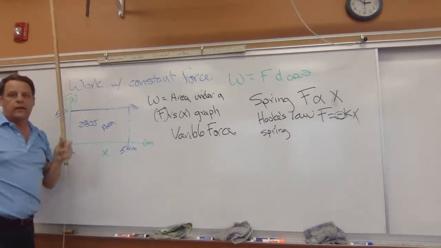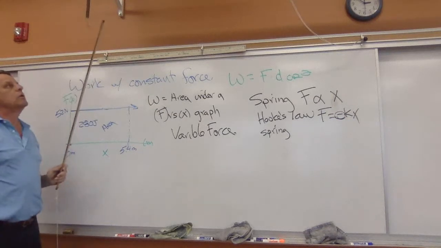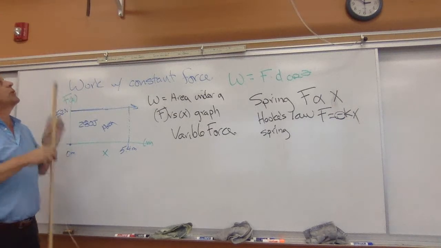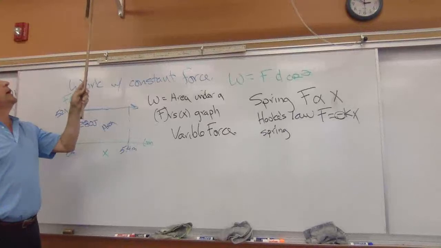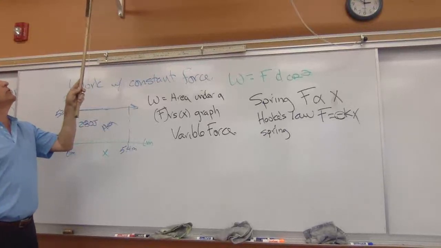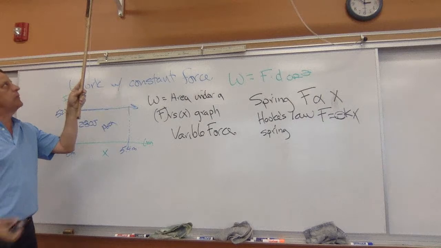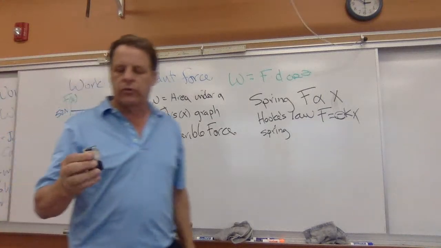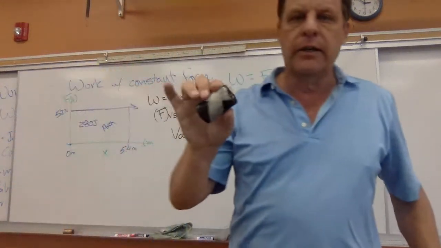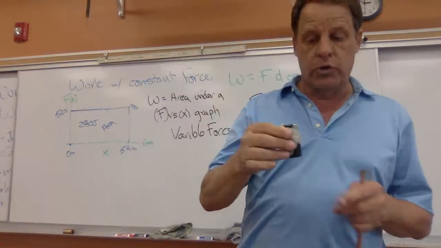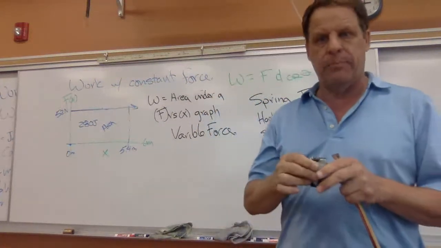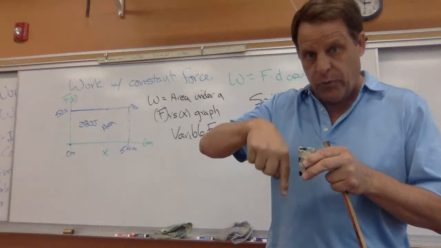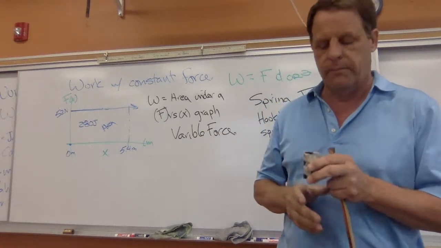I'm going to do a quick little experiment to show you guys this and how to determine what that is. So with no weight on the spring, I'm going to measure this, and it is at 46 centimeters. We'll come back to that 46 centimeters. Now I'm going to take a force, and this is a half a kilogram, which means that when we multiply by 9.8, that's going to be the force of 4.9 newtons.